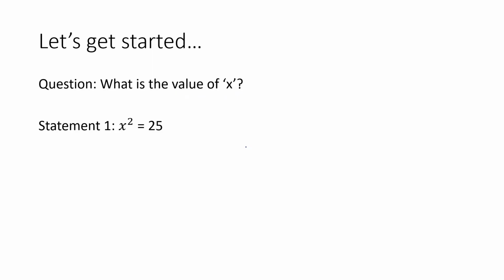Let's consider the first statement here. That extra information, I'm telling you, is x square is equal to 25. So with x square equal to 25, tell me what is the value of x. Is it possible for you to identify the value of x? I will say no, it's not possible, because x square is equal to 25 gives me the input that x could be plus 5 or it could be minus 5, right?